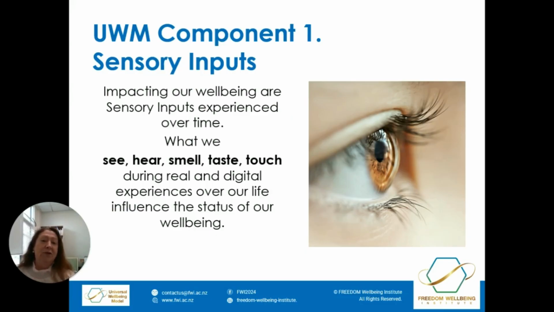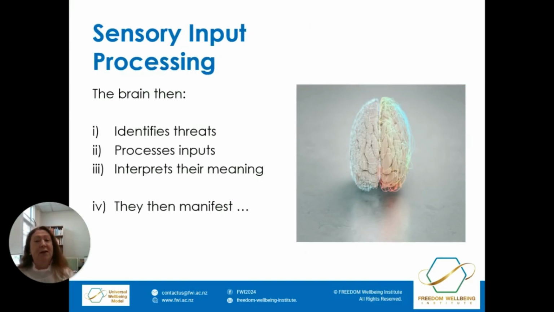Now, when these inputs come to us, our brain gets busy and starts processing those sensory inputs to understand what they actually mean. One of the first things the brain does is identify whether these inputs constitute some kind of threat to us. If they do, the brain will take automatic and swift action to protect us.